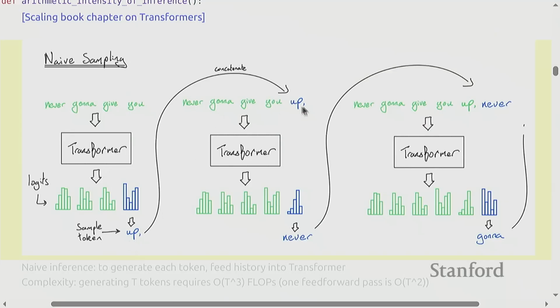Then once you get that, you attach it to the prompt, feed it through the transformer, look at the logits, sample again, and you repeat. That's the most naive thing to do.